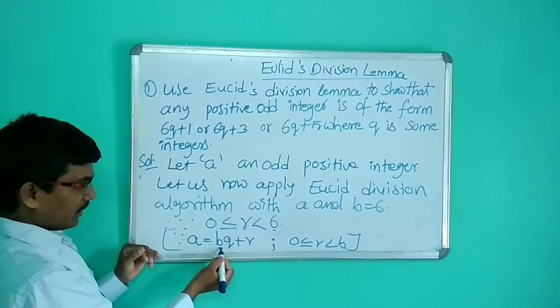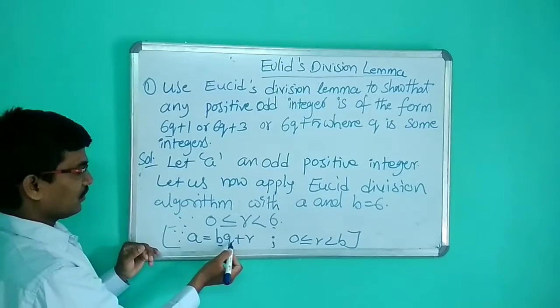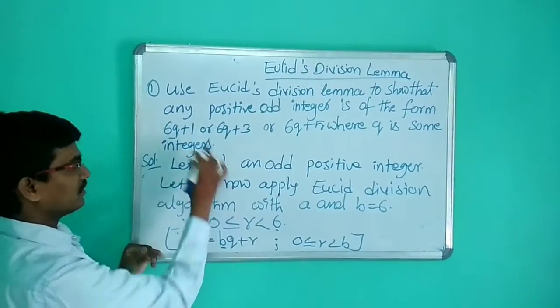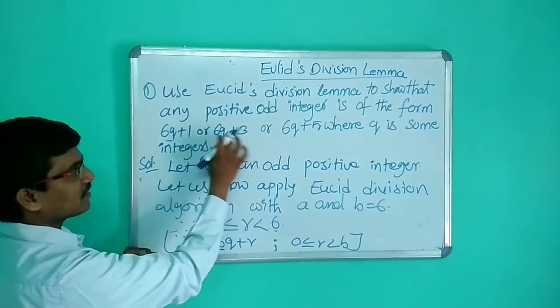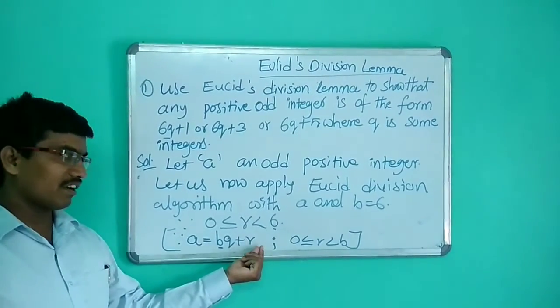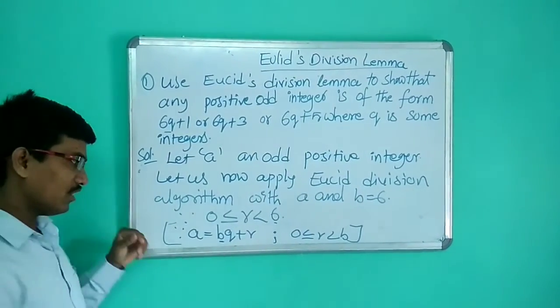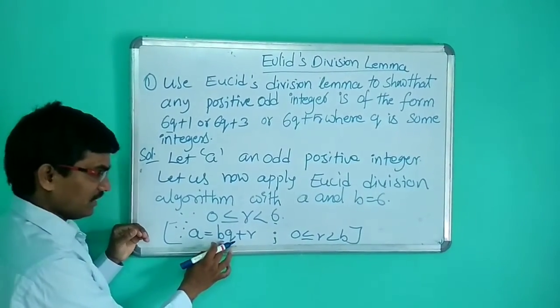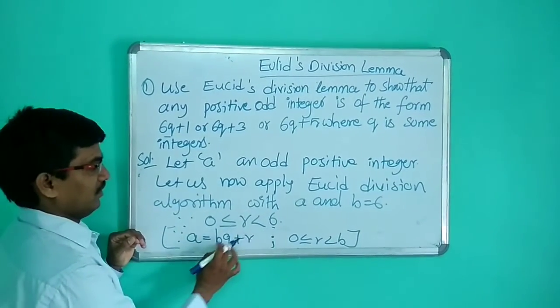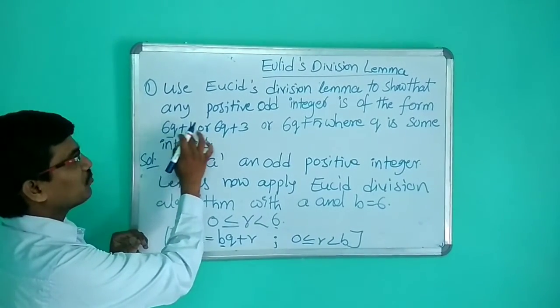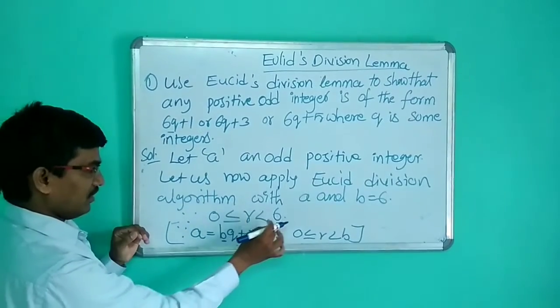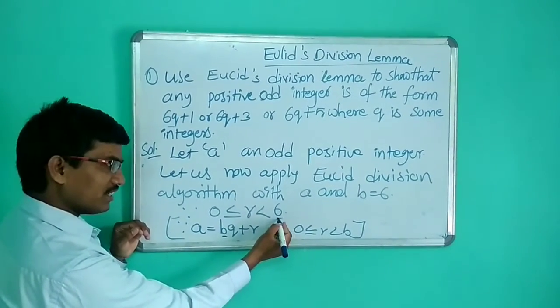So b is 6, and in 6q + r, the remainders are 1, 3, 5, whatever they may be. So b value is 6.